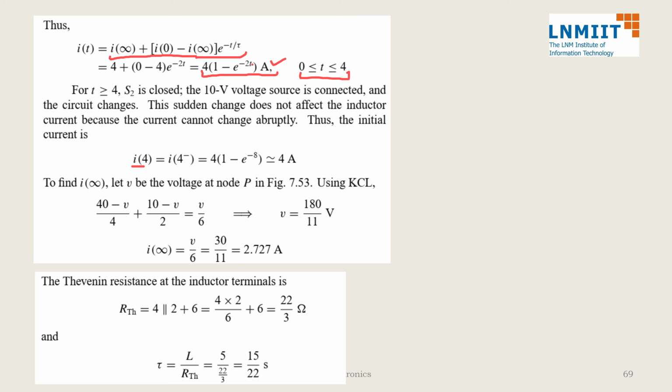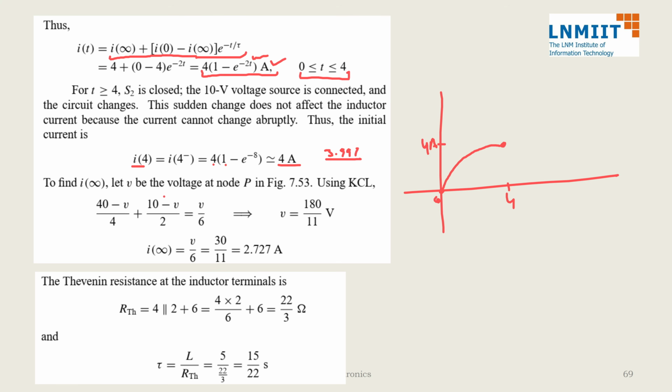If I put t equal to 4 in this equation, I find 4 into 1 minus e raised to power minus 8, which is 3.997 something, almost 4. That means the current, which was 0 at t equal to 0, has reached almost 4 ampere at t equal to 4. Okay, fine.